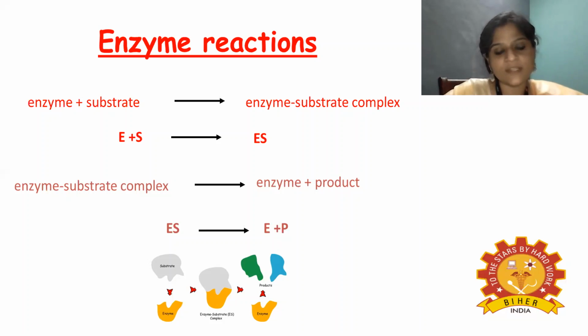This complex is getting dissociated into product, where the enzyme is getting detached totally from the product. So you will get an enzyme plus product at the end. Fine. So this is how we get the product from a substrate. To be more precise, it is a basic representation of an enzymatic reaction, how a product is formed from substrate with the help of the enzyme.